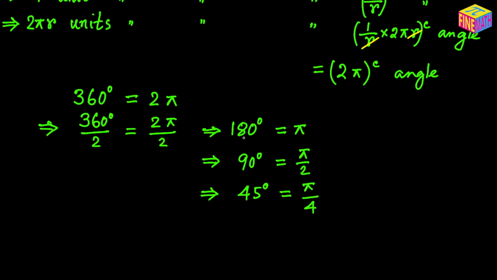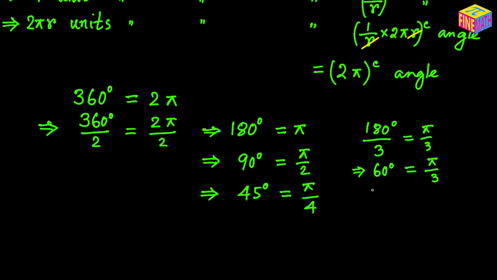Similarly, if we divide 180 degree, which equals pi, by 3, that is equal to pi by 3, which means that 60 degree corresponds to pi by 3 radian.